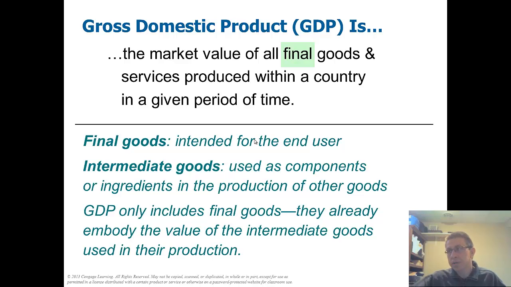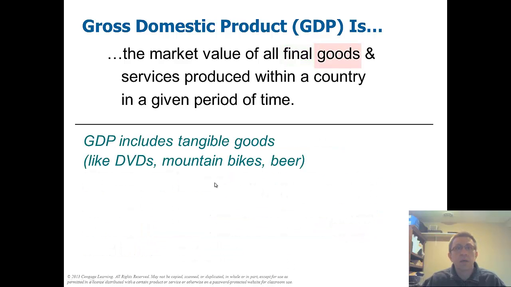If we also counted the car company buying the tires from the tire company, then we would be double counting the tires, because your purchase of $20,000 already contains the tires and everything else about that car. So if we counted the intermediate goods, we would be double counting. The final good already embodies the value of the intermediate goods used in its production.